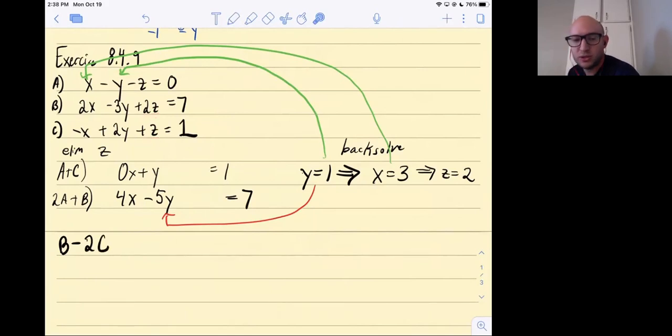So you want a minus 2 there. So that would be what? Minus 2C would be 4x minus 3 plus negative 4 is minus 7y. The z's will cancel, and then you're left with 5.